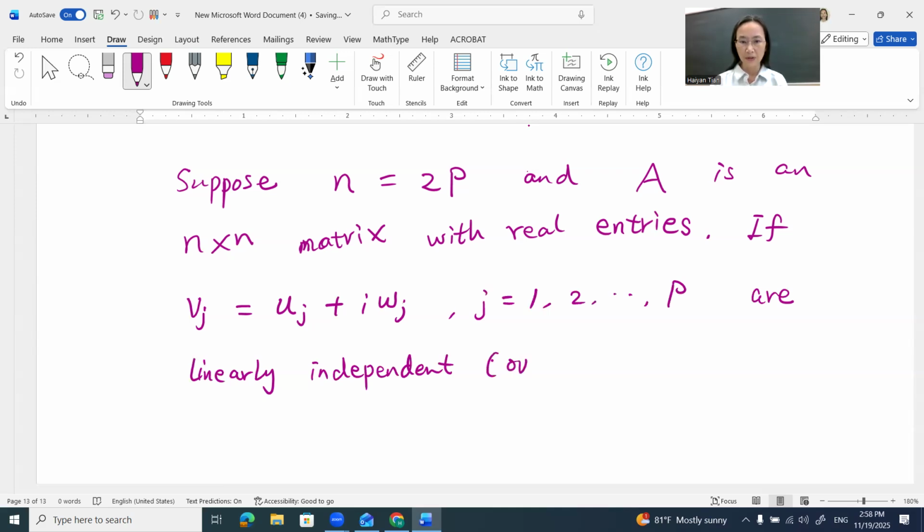This is a set of complex valued eigenvectors. So over the complex number set, independent eigenvectors of the matrix A corresponding to the eigenvalues.